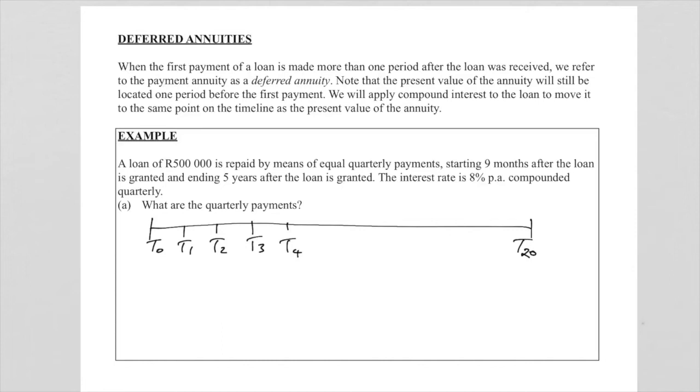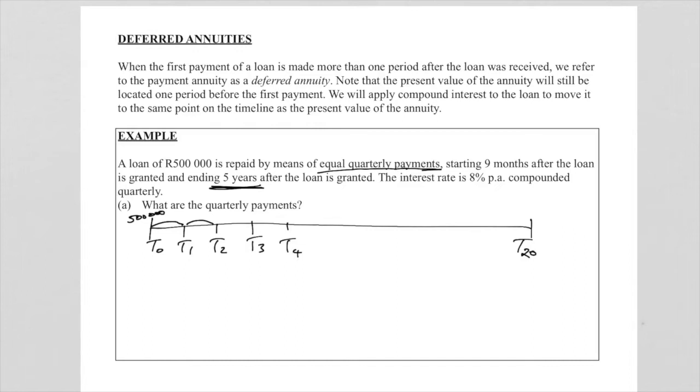Because they told us these are quarterly payments, and it's for 5 years, and 5 times 4 quarters a year will give you 20 quarters. So this represents a quarter, that is a quarter, etc. Now, the loan was granted, the 500,000, and that is always at T0.